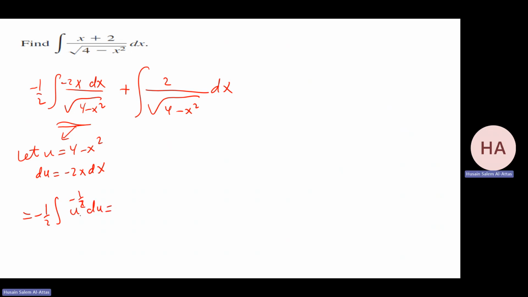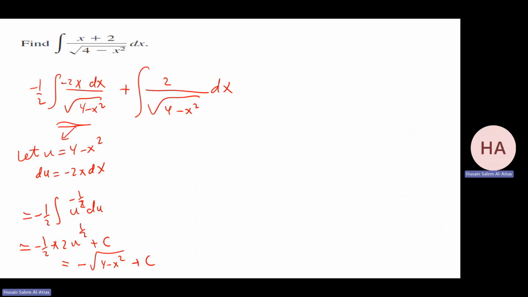And that will give me minus half, add 1, times 2, u to the power half, plus c, which is minus the square root of 4 minus x squared plus c.